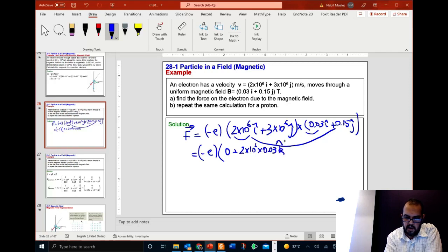K. Okay, now let's do the J component. If we do this crossed with this, 3 10 to the power 6 J crossed with I will give us negative K. So it will give us minus 3 10 to the power 6 times 0.03 K, because J crossed with I will give us minus K. Then the last one is J crossed with J, which will give us 0, so plus 0.